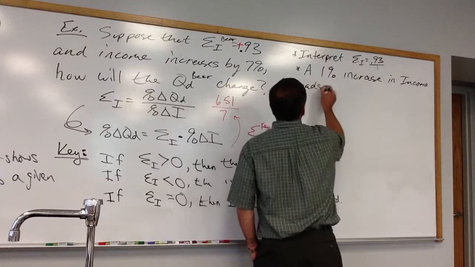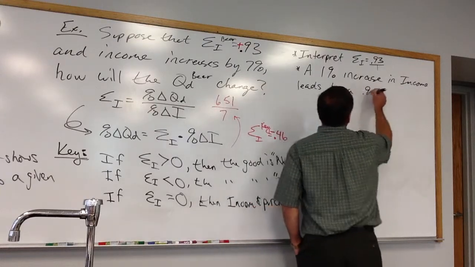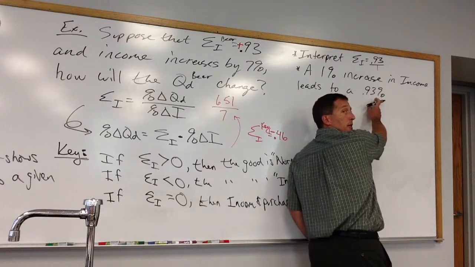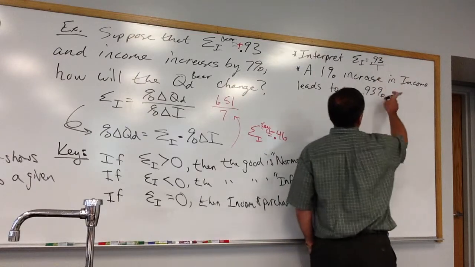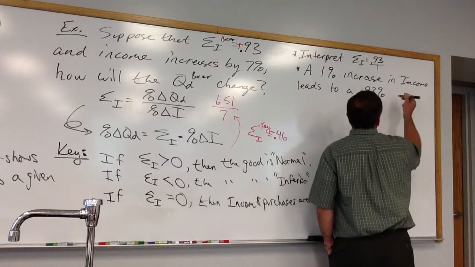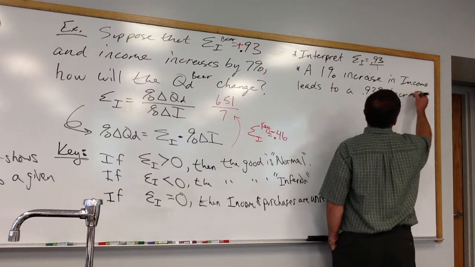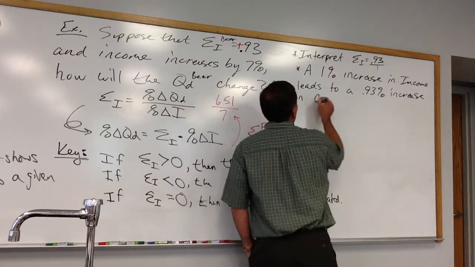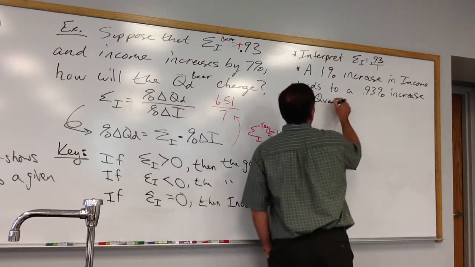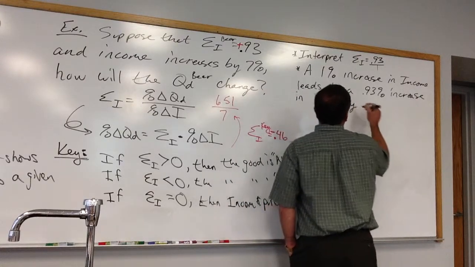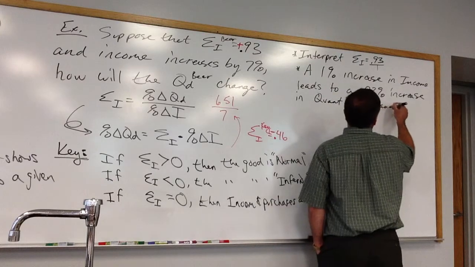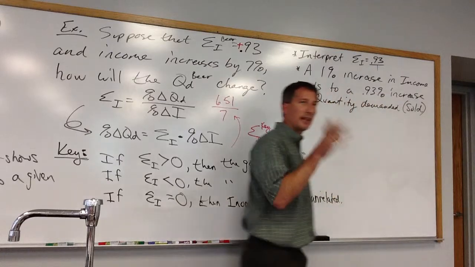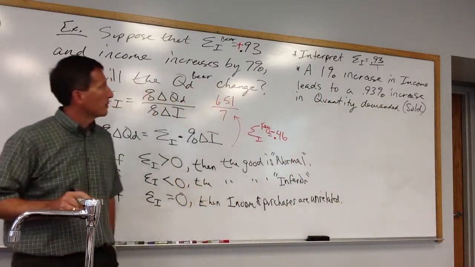Notice not 93%, right? So we're putting that fraction, 0.93% increase, because it's a positive number, in quantity sold. Or let's just put quantity demanded this time, but I'll put parentheses sold. I think I flipped those around. But sometimes your text will go back and forth between those.